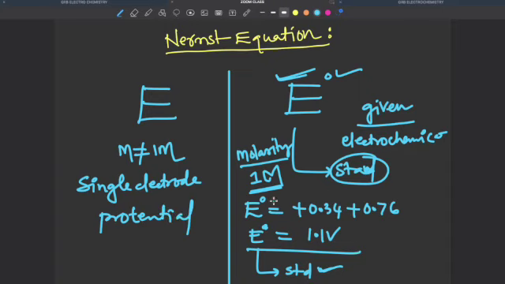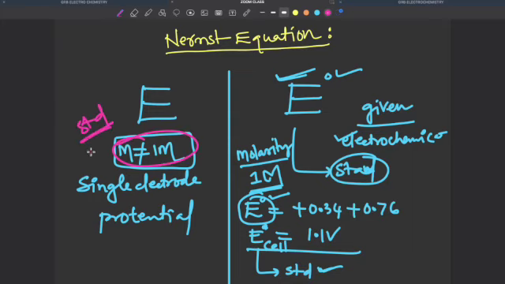If we use E naught values under standard conditions from the electrochemical series, we get E naught cell. But if the concentration of the solution is not 1 molar, you can't say this is a standard condition. Can we say it is a standard condition? No, it's not.